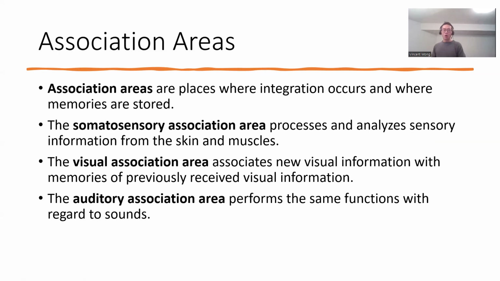Now, in each lobe, there are designated association areas. I'm not gonna show you where it is in each lobe. It's too much information, but I'm gonna tell you what it actually does.